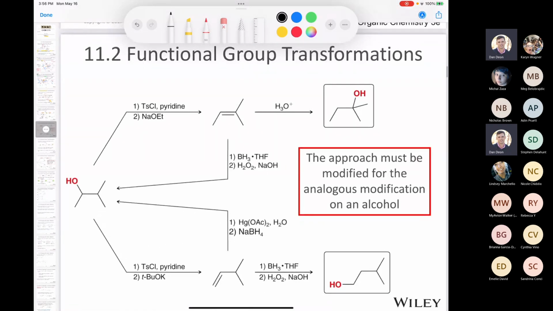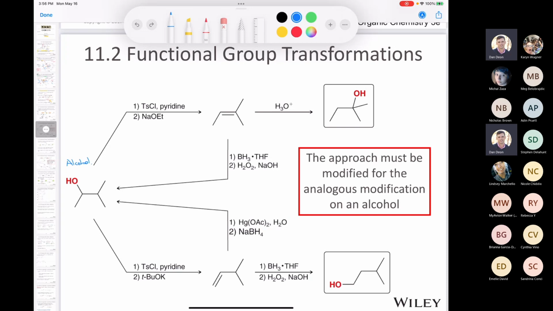What if you have an alcohol? You can see that the first new chapter of material in this class deals with alcohols. So here we have an alcohol, and an alcohol in itself is a very crummy leaving group. There's no way that this can just leave by itself, because hydroxide is the conjugate base of a weak acid. That means it's a poor leaving group, and so it has to be converted into a good leaving group.